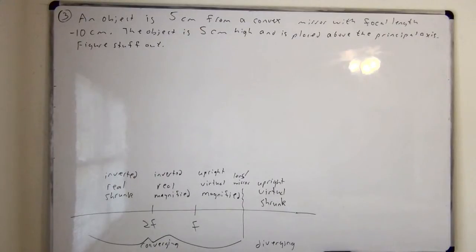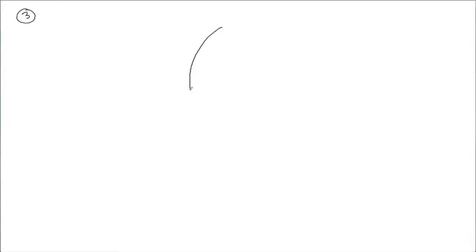So now it's a convex mirror, and an object is 5 centimeters from it, with the focal length of -10. The object is 5 centimeters high.